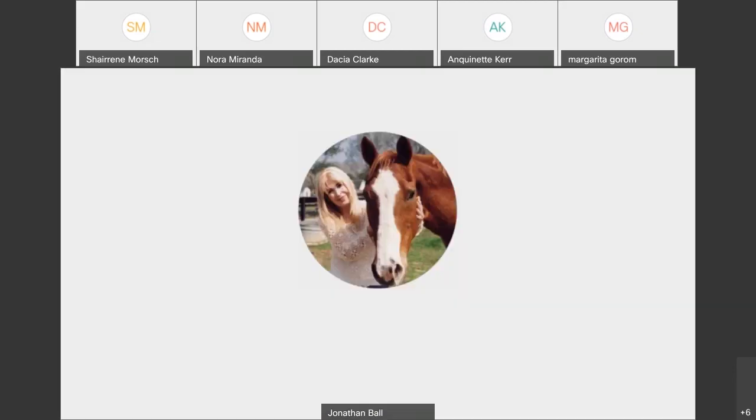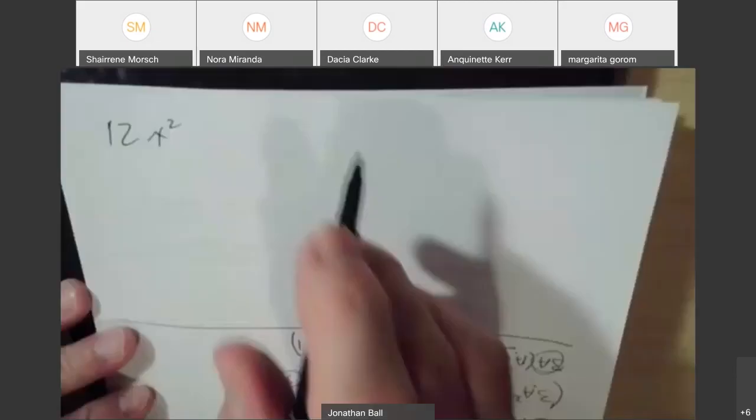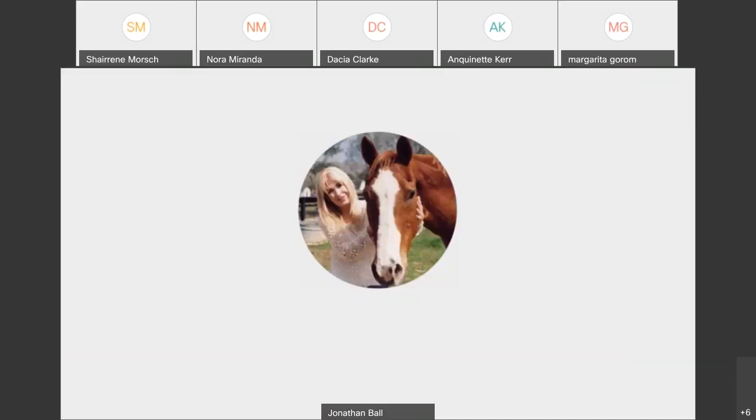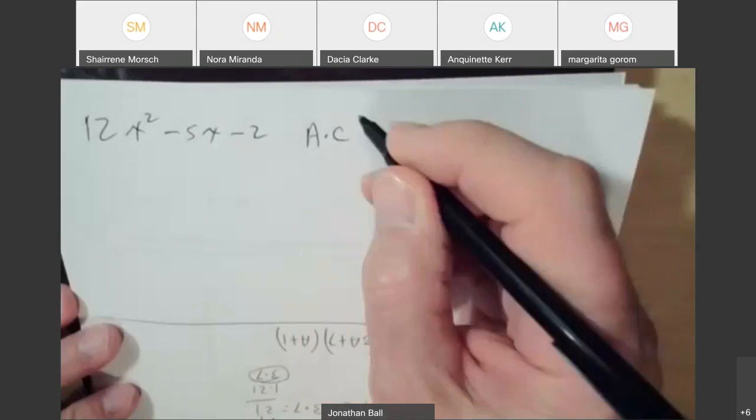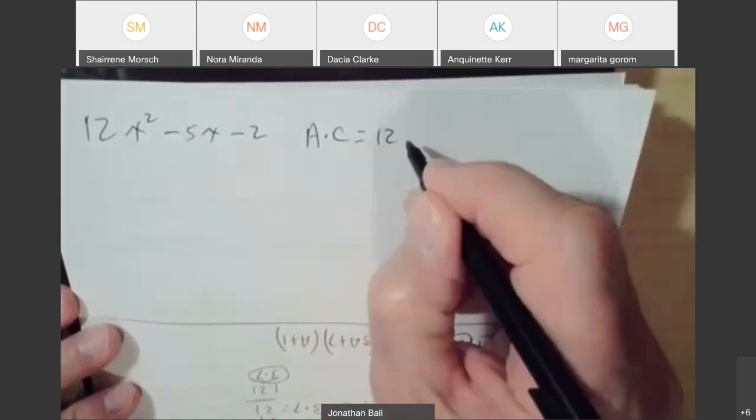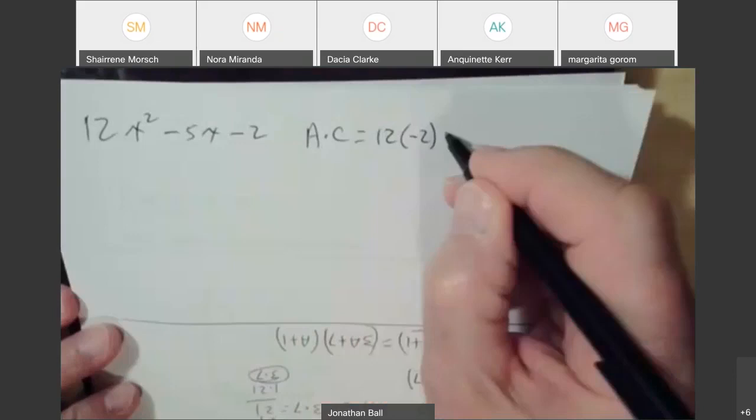12x squared minus 5x minus 2. First we do a times c, which is 12 times negative 2 is negative 24.